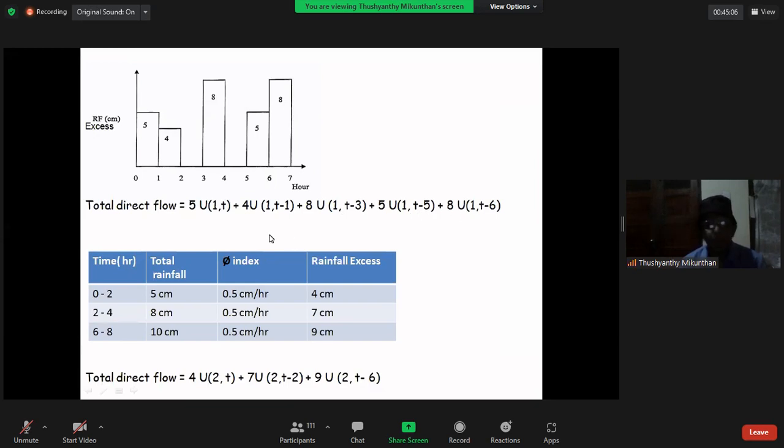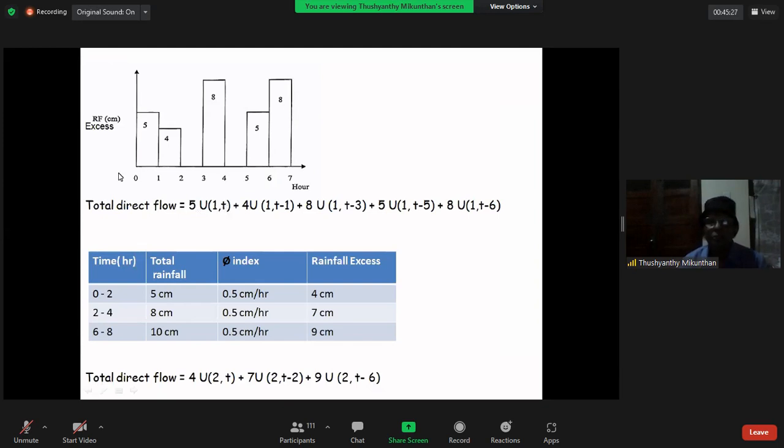Then within the bracket, 1 hour duration, from 0 to 1, with starting time t.